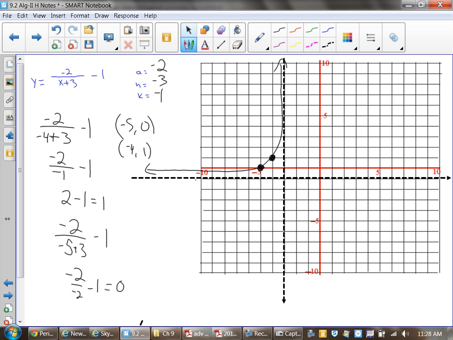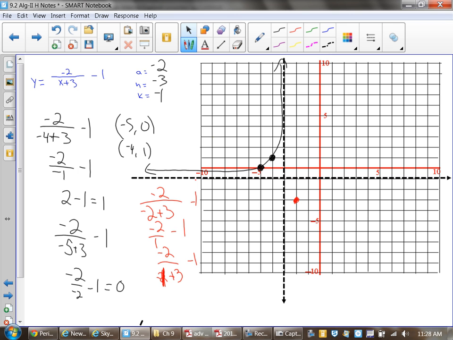At -2, so we check it. -2 over -2 plus 3. -2 minus 1 is? Oh, I just did the same value. You can do positive values, but what I want you to use is 2 before and after. You'll get there.